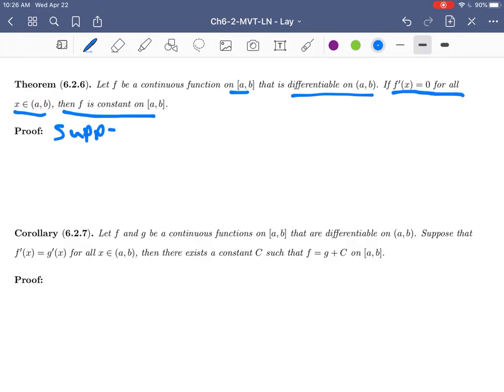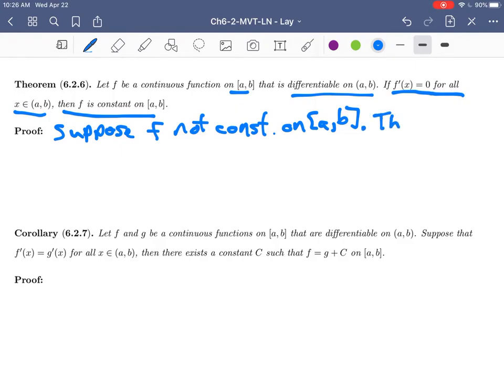Suppose f is not constant on that closed interval from a to b.